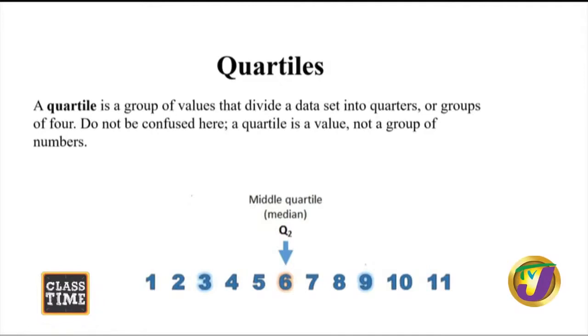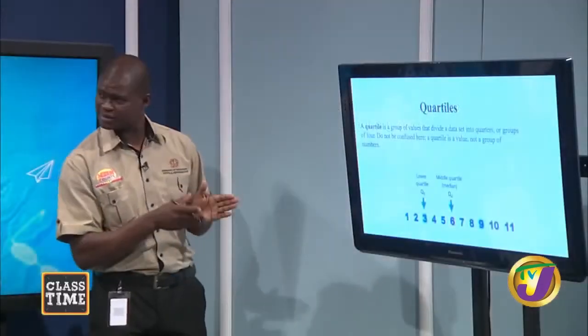Well, let us check. As you have mentioned, the 6 would divide the data set into halves, which really have 2 quarters. Now, to the left, we can also divide that data set in half. So here we see that the 3 would fall right in the middle.